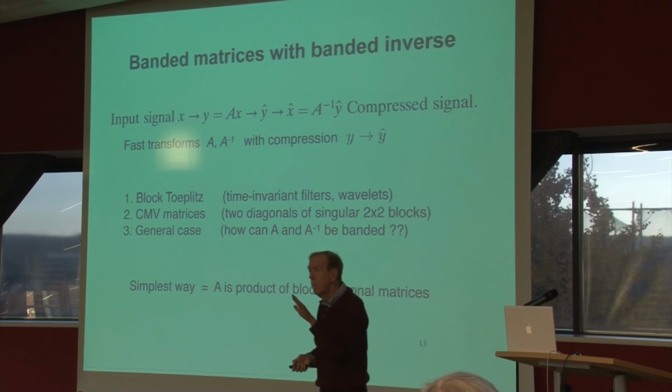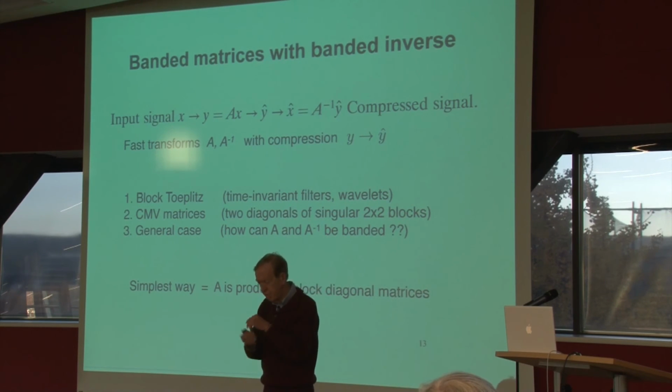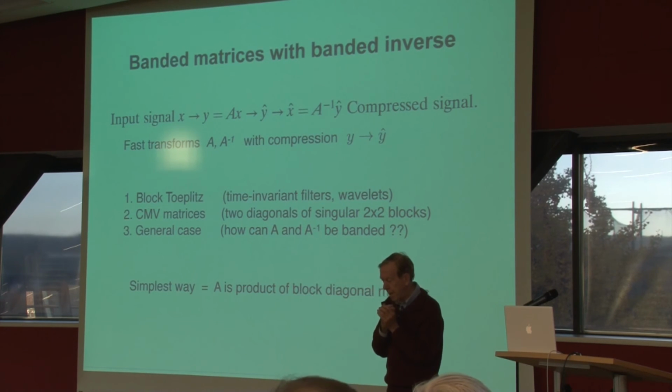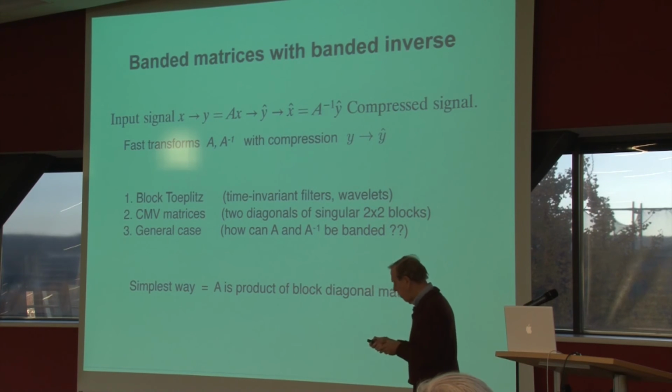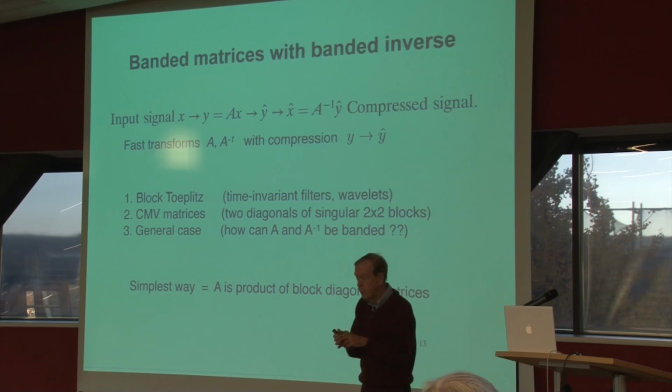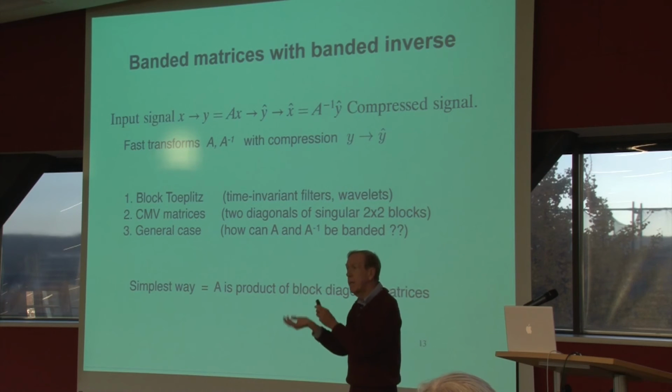The theorem I wanted, not to prove, but to end with, is that every banded matrix with banded inverse factors into a B times a D, a block diagonal times a block diagonal. Block diagonal times block diagonal gives everything.